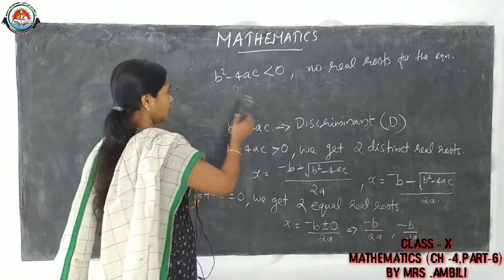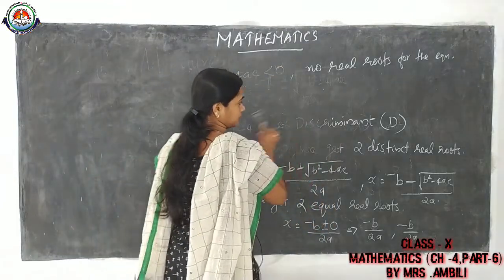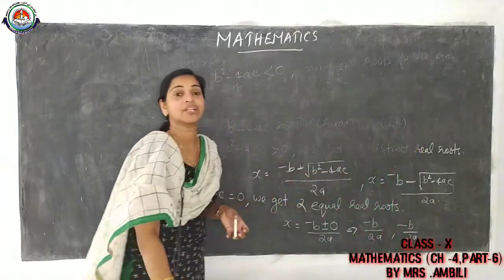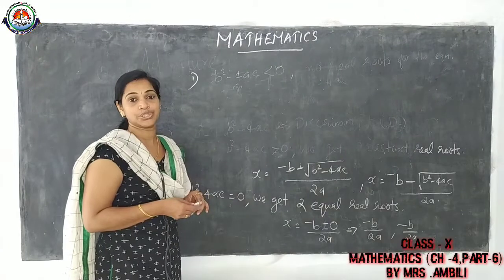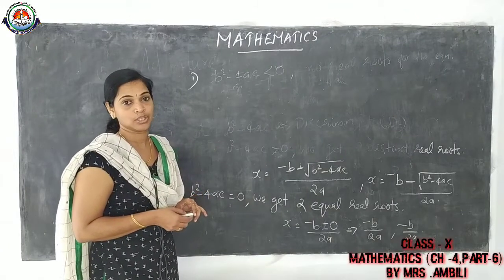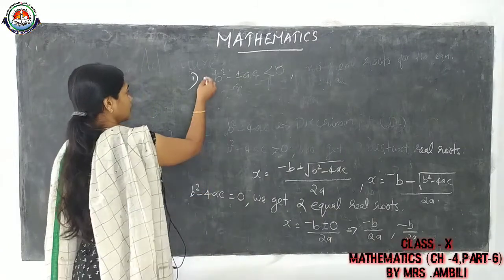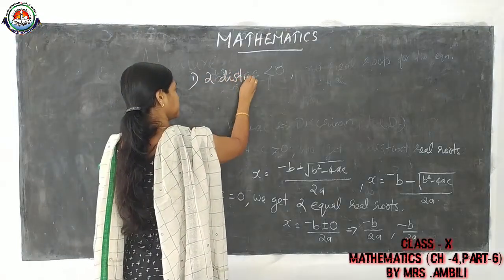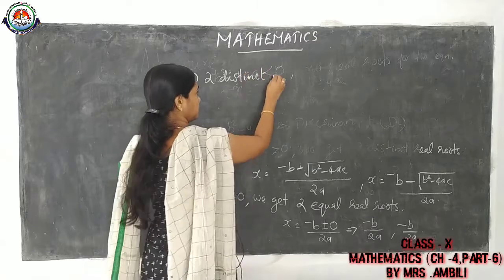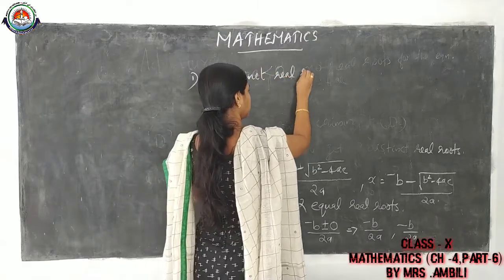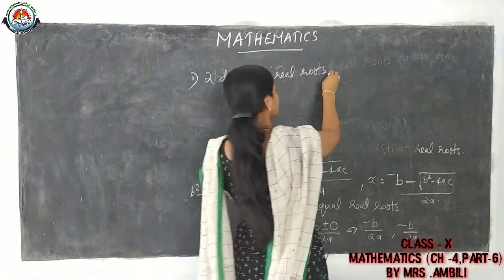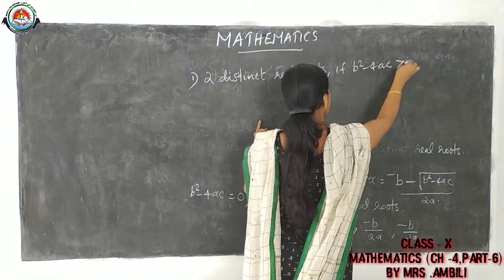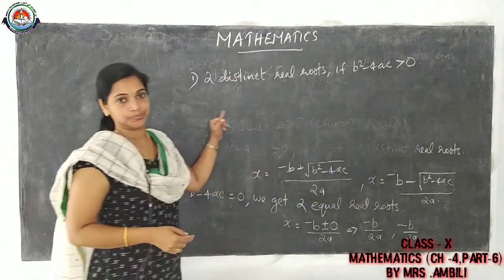The nature of the roots. We can conclude that the quadratic equation ax square plus bx plus c equal to 0 has two distinct real roots if b square minus 4ac is greater than 0.